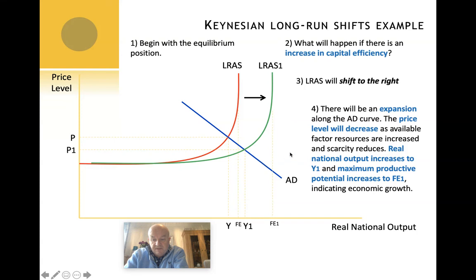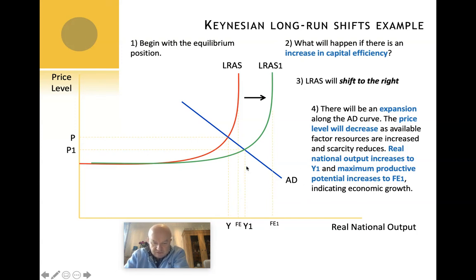That means our factor resources have increased, and the scarcity of those factor resources has been reduced, so we've increased the overall level of capacity.